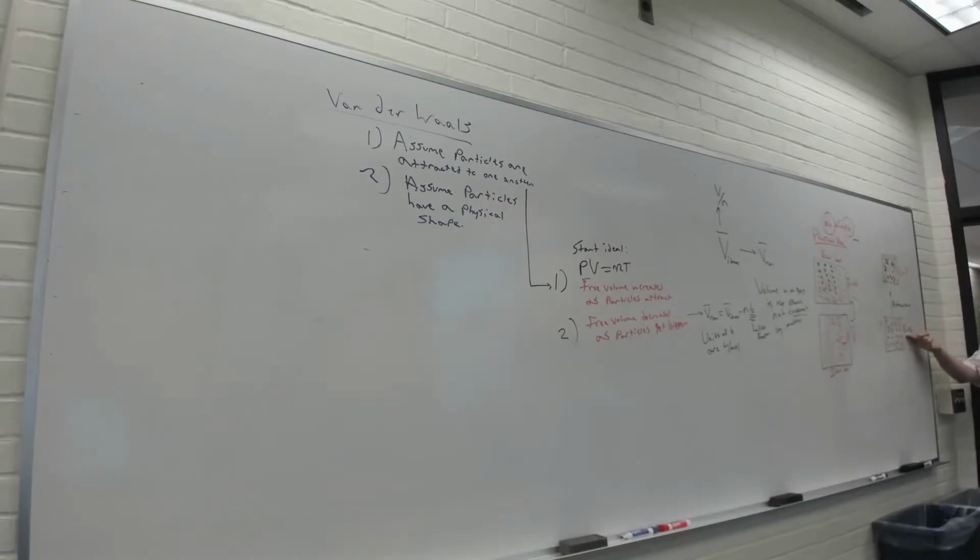But because this is a two-body problem, where you have attractions between two physical bodies, this is actually proportional to v squared, because you have two particles, v times v. So the correction is a new constant a over v squared.